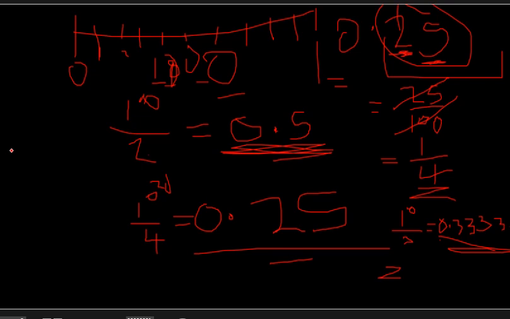On the left hand side of a decimal point, these are whole numbers. On the right hand side of the decimal point, the numbers that you have are called decimal numbers. Here in 16, this 6 is called the ones in whole numbers.